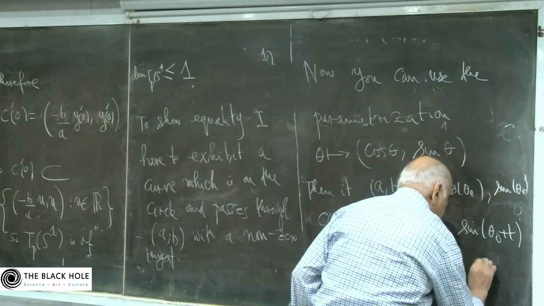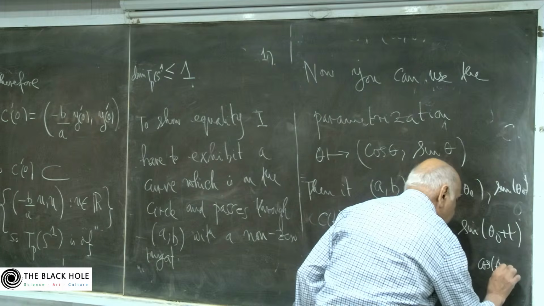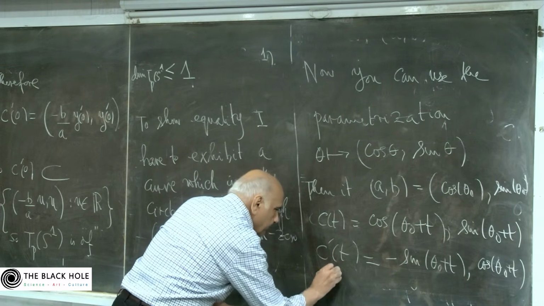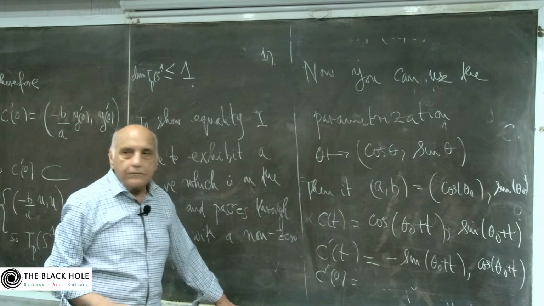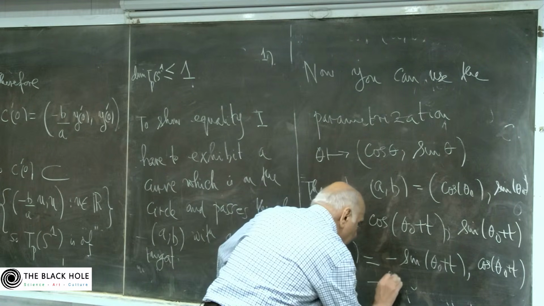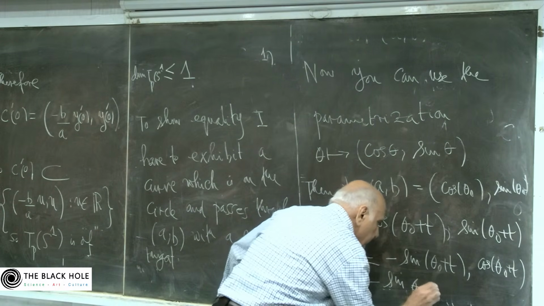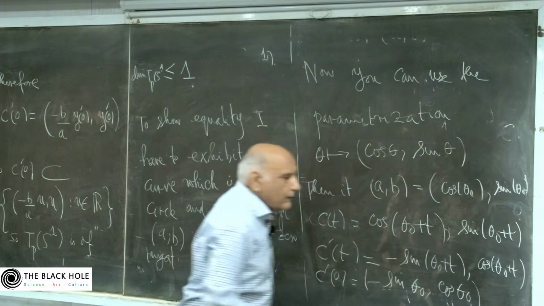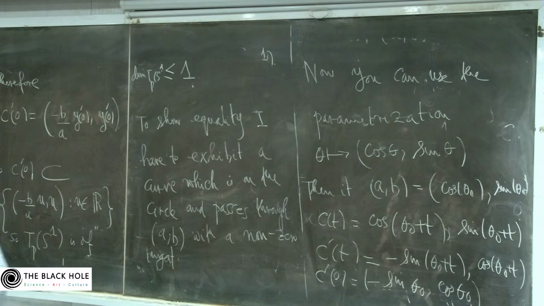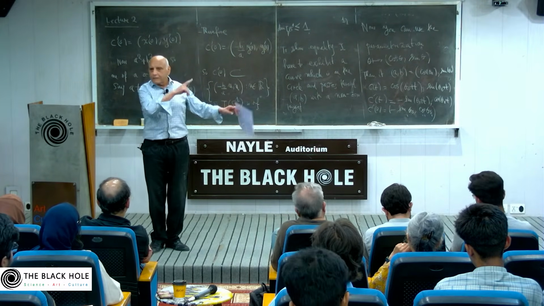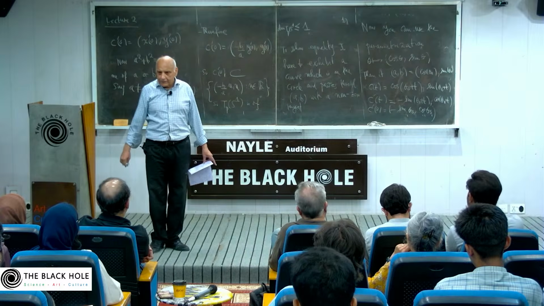And cosine of, plug in 0, minus... Is this a zero vector? No. Of course not, right? So I produce explicitly for you a curve which has a non-zero tangent, right?